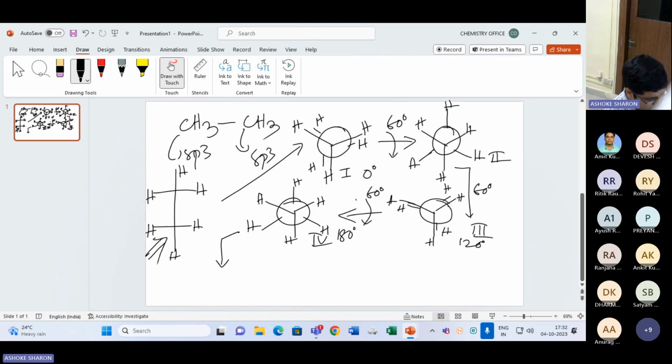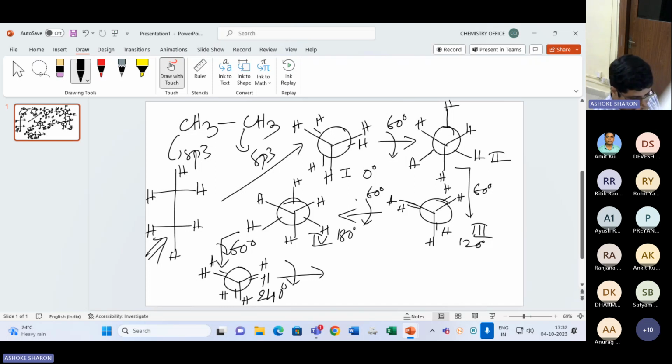Now again you rotate this molecule 60 degrees. Here all the substituents are the same, that's why you always get the same type of structures. After 240 degrees you get this structure, which I consider structure number 5.